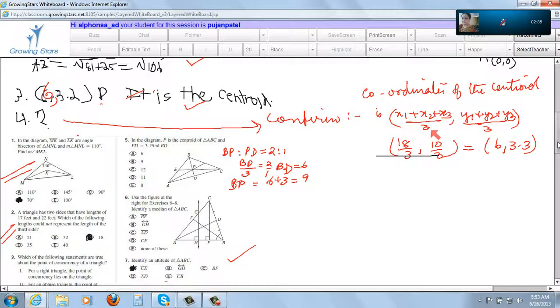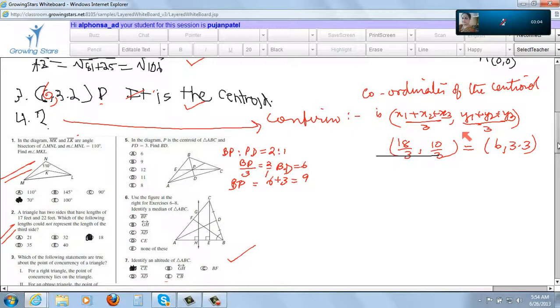So in this case, it would be 0 plus 6 plus 12, 18 divided by 3, and then 0 plus 8 plus 2, 10 divided by 3. So you get approximately 6, 3.3, right? Whereas from the graph, we got 6, 3.2, which is an approximate value. This is how you can confirm it, using the formula.